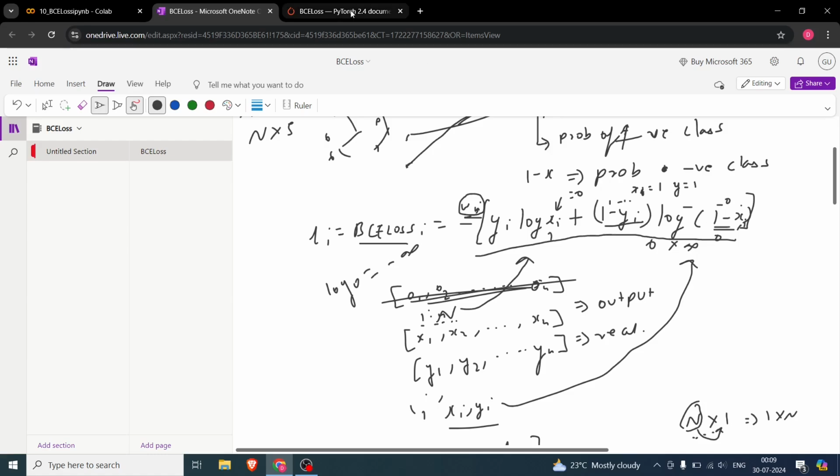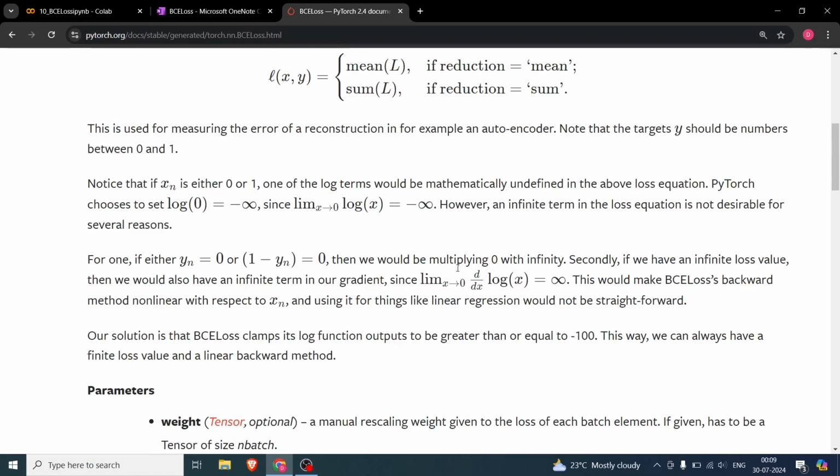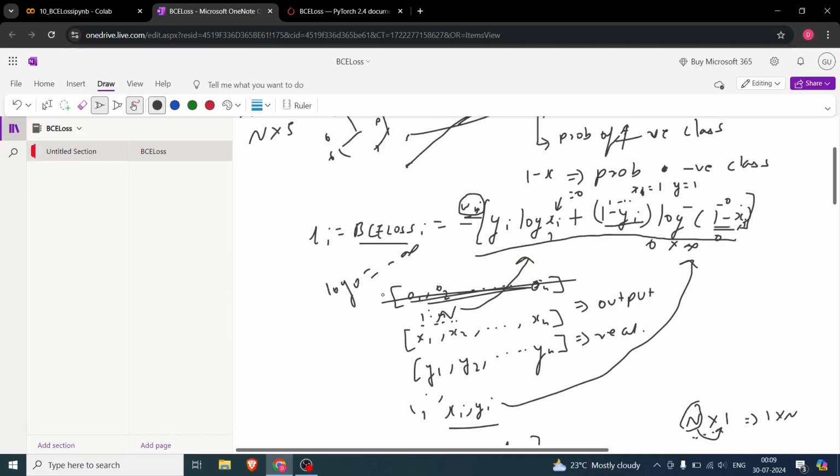So what PyTorch has done is, they have mentioned it over here. The solution basically clamps its log function output to be greater than or equal to minus 100. So whenever you have a situation where log of x i is getting lesser than minus 100, it just substitutes it to minus 100.